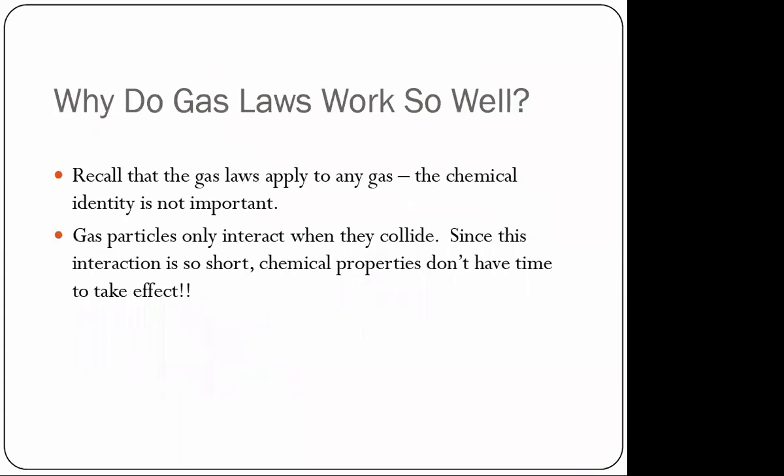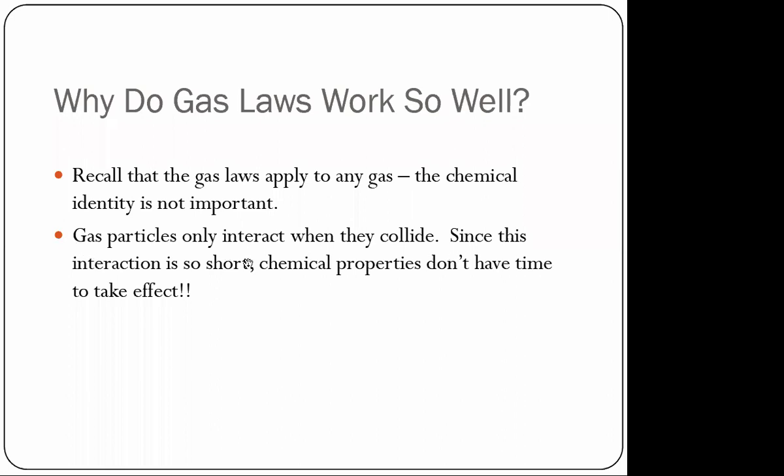So how does gas law then work? Or why do some gas laws work so well? Because the assumption of the kinetic theory supports the principle behind gas law. So recall that gas law applies to any gas. The chemical identity is not important.